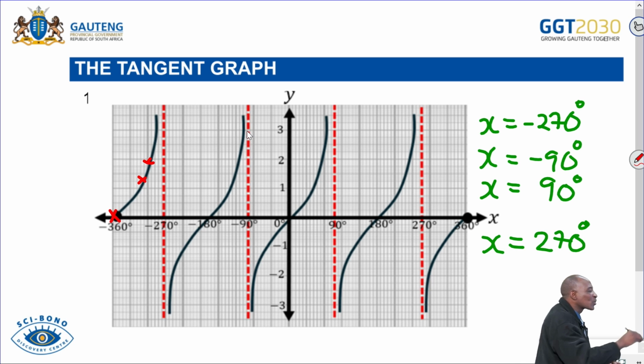Then in between again, when you pick a value which is negative 260 somewhere here, the y value is a negative value down there. When you go to negative 180, it's a 0 there. When you go to negative 170 somewhere there, or 150 is somewhere up there.